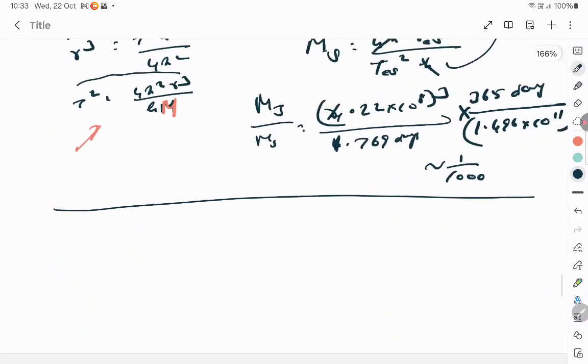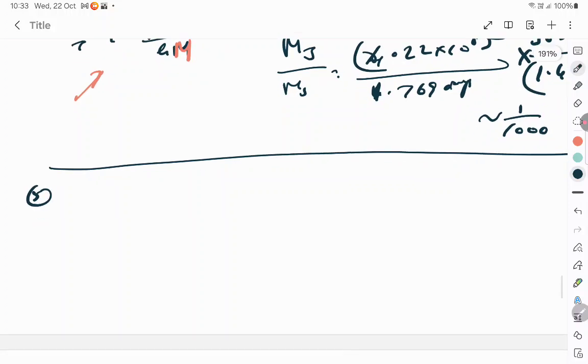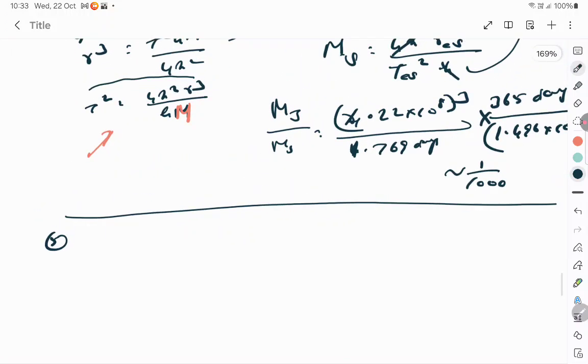Okay, so let's go to the next question. The next question is the fifth question, the textbook book back. The galaxy consists of 2.5 into 10 to the power 11 stars, each of 1 solar mass.